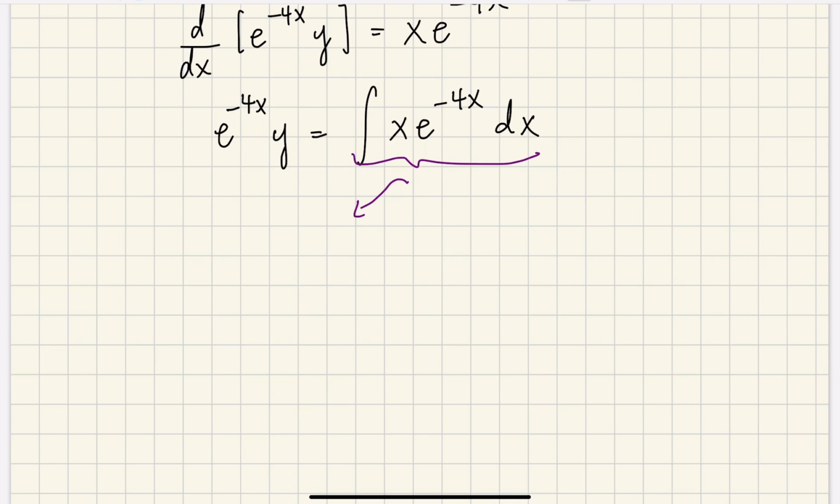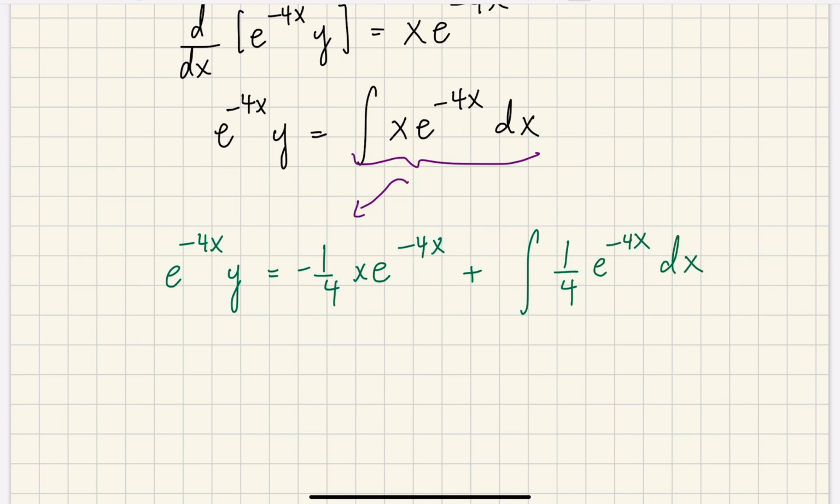So if you solve it by integration by parts, you get e to the negative 4x y is equal to negative 1 over 4x e to the negative 4x plus 1 over 4 integral of e to the negative 4x dx. So e to the negative 4x y is equal to negative 1 over 4x e to the negative 4x minus 1 over 16 e to the negative 4x plus c.